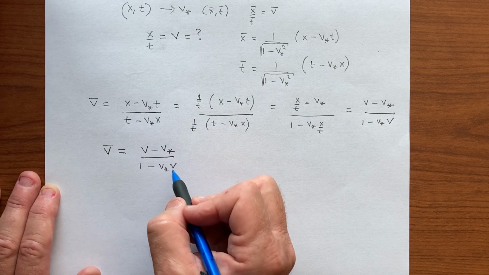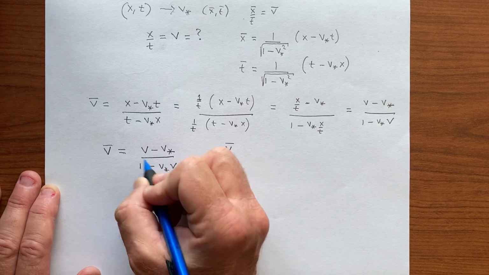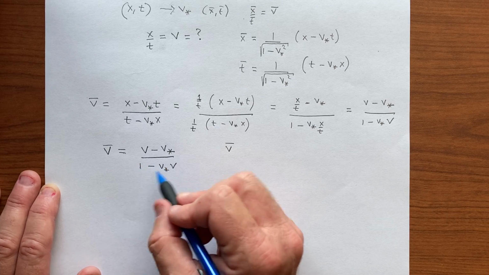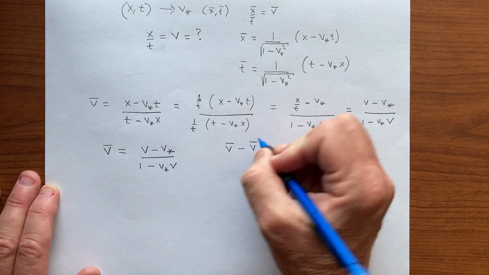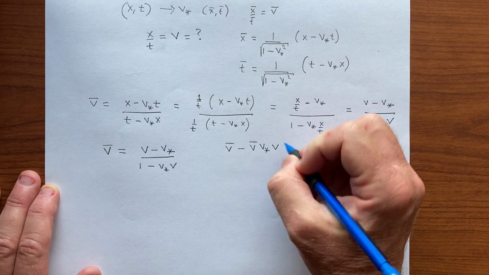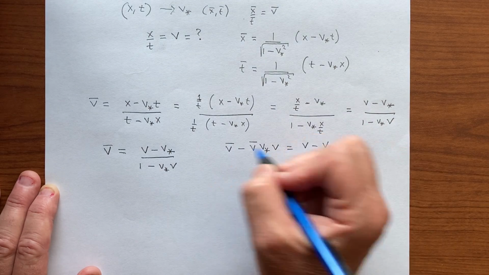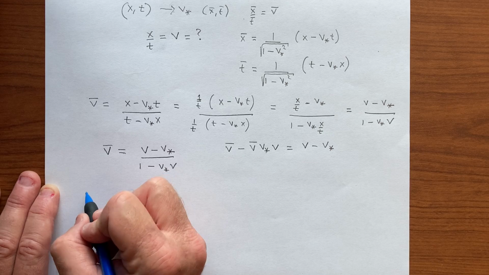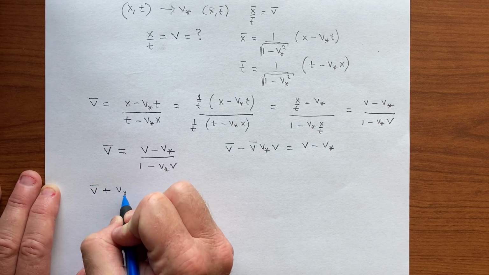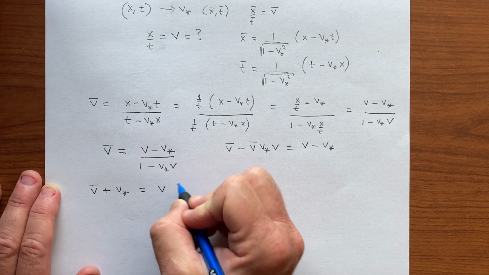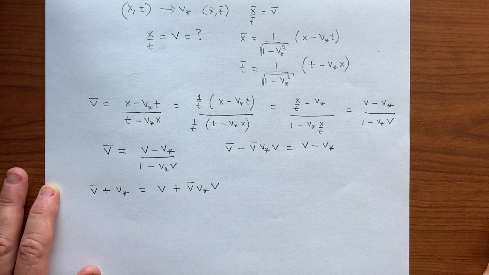And so we want to isolate the v. And of course, the first thing we can do is to multiply both sides by the denominator here. So we get v bar minus v bar v star v equals v minus v star. Let's bring this term to that side and this term to that side. Of course, that gives us v bar plus v star is equal to v plus v bar v star v.